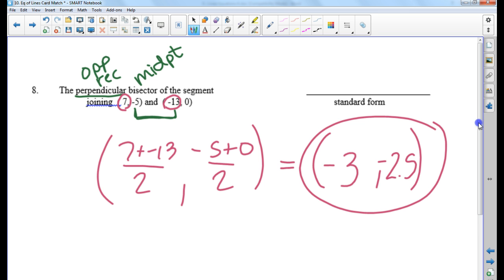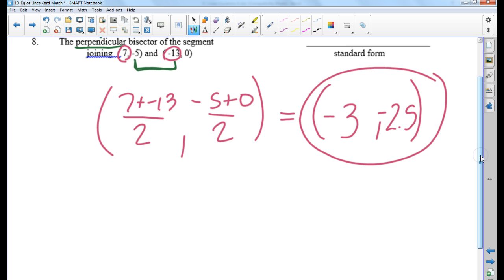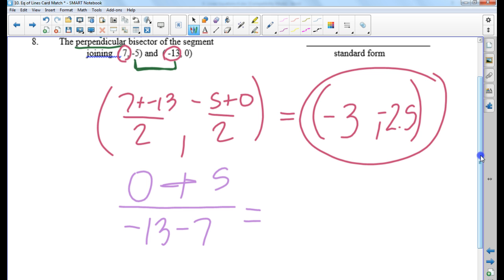Okay, we use those same exact 2 points and we find the slope. Slope is delta y, so it's y minus y over x minus x. The minus and negative becomes a plus. Negative 13 minus 7. Joanne, what does this reduce to?